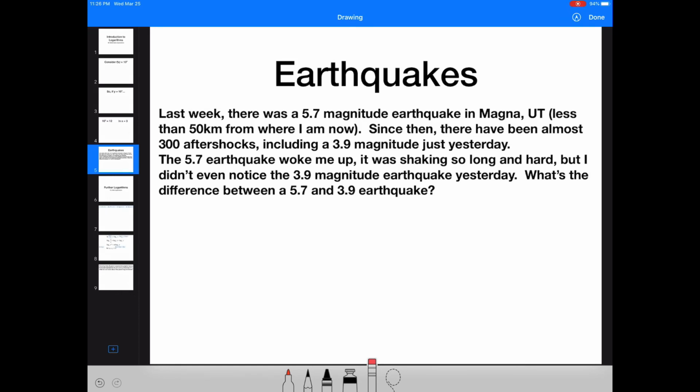So the question I would like for us to look at is, what's the difference between a 5.7 and a 3.9 earthquake? Well, earthquake magnitudes are actually a logarithmic scale, okay? And that's the important thing that you need to understand.